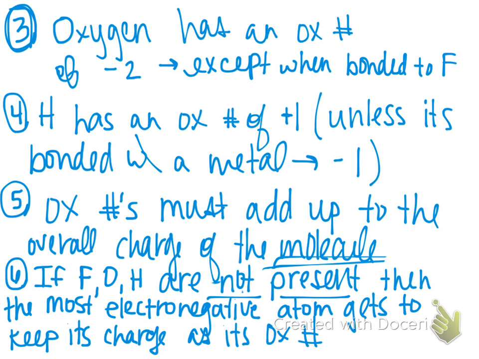So the larger the electronegativity value, the more it's going to take electrons. If you look on here, fluorine has the highest electronegativity value. Do we see that? As you get further away from fluorine, our electronegativity values decrease. So the smallest electronegativity value is francium, right? Complete opposite ends of the periodic table.